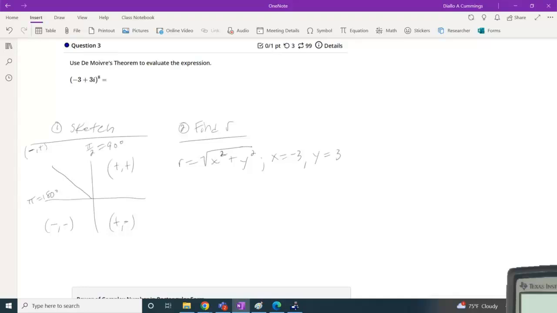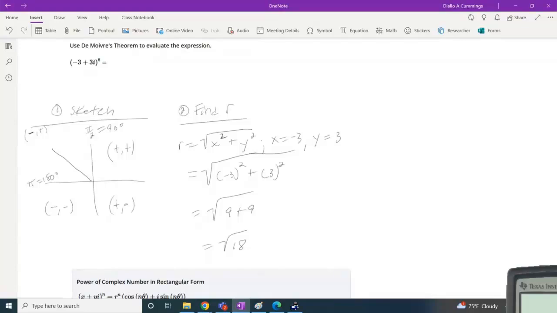And y, which is the coefficient of my imaginary unit i, is +3. So when I put this into my formula, this is x, which is -3 squared, plus y, which is 3 squared. That's 9 plus 9. So r is equal to the square root of 18.